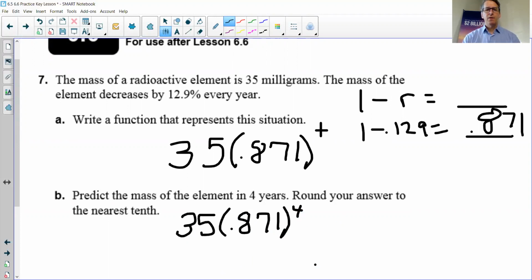Okay, I'm just going to use my calculator quickly. 0.871 to the 4th, and then I'm going to multiply that times the initial 35. It said round to the nearest tenth, and it was 20.1. So my answer is 20.1.